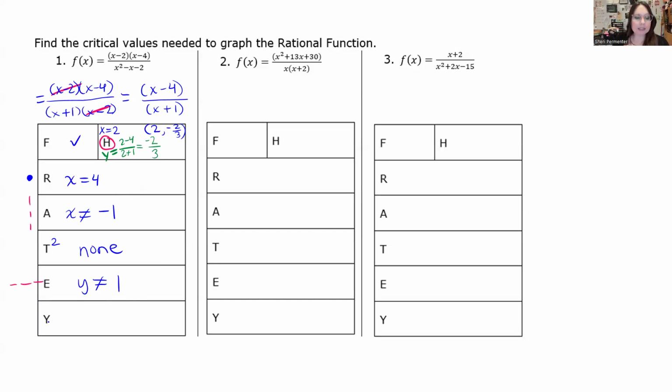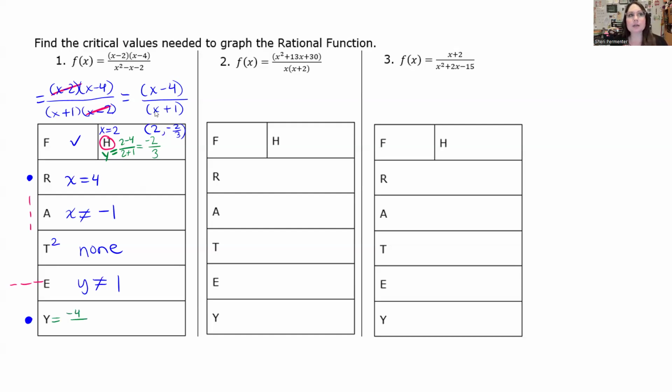Y represents my y-intercept, which is a point on the graph. So I'm going to mark it with a point. And to figure it out, it's always when x is equal to 0. So if this was a 0, it's like it doesn't even exist. So all that I'm left with on the top is -4.